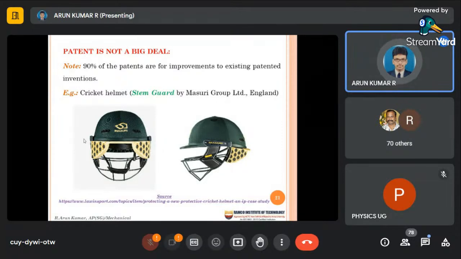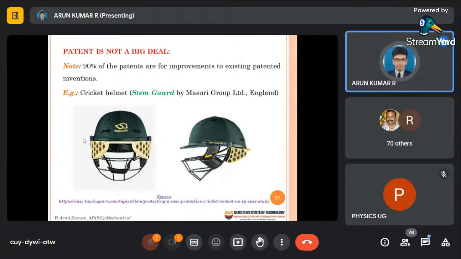Now that is all about patent. So I would like to have a small recap of patent. Patent in India is given for inventions and innovations, and that invention can be either a product or a process, and that product can be either a tangible one or an intangible one. And patent in India is granted for the inventions or innovations which satisfy three criteria.